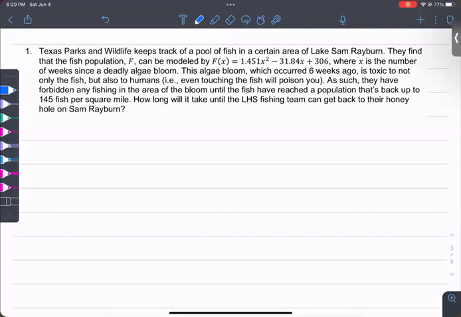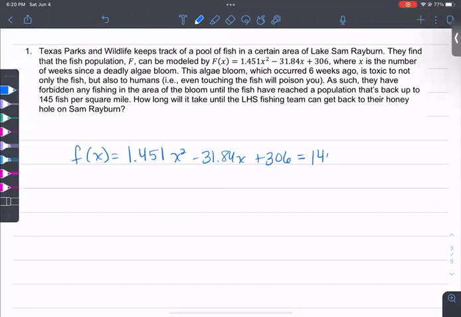So we're looking at our f of x function. I'm going to copy it down here. And we're told that they can go back to fishing as soon as that has reached a level equal to 145.